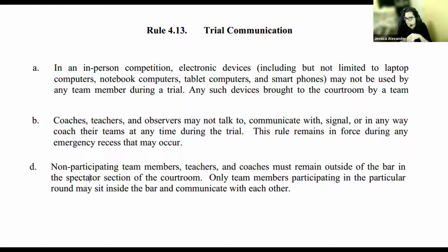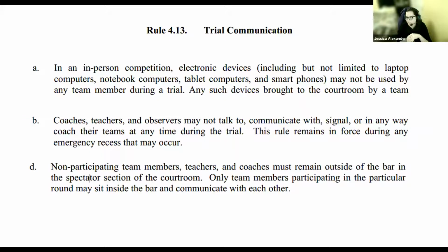As sneaky as you think you're being, every time it happens, it is seen by the judges because we can see it happening. Okay. And this is just really to make sure that the teams are competing, it stays fair and that no one's getting any extra advantage, no one's getting any extra assistance during a trial. Okay. And that means any observers, coaches, teachers cannot talk to, communicate, or signal in any way during the trial.